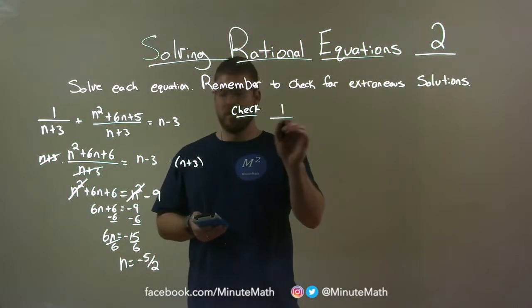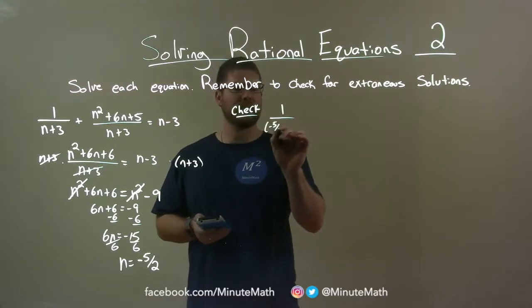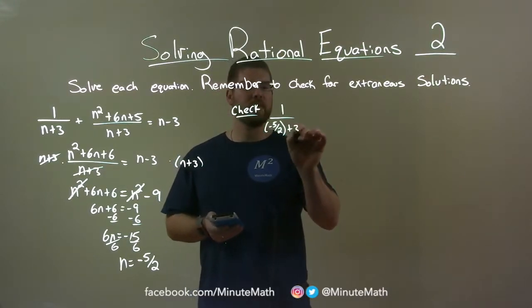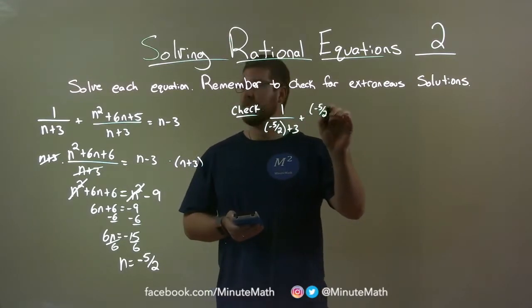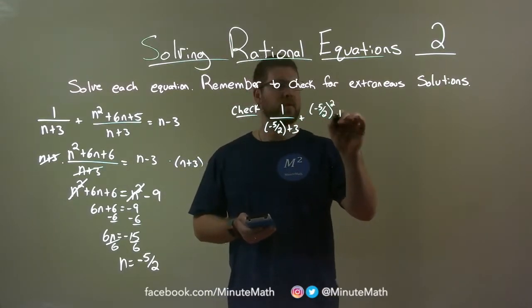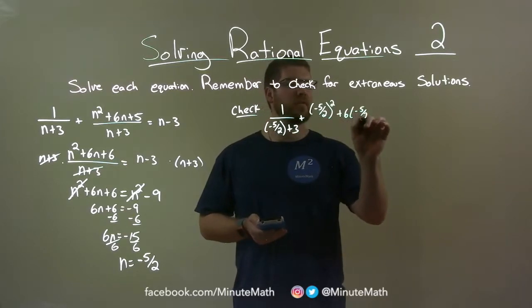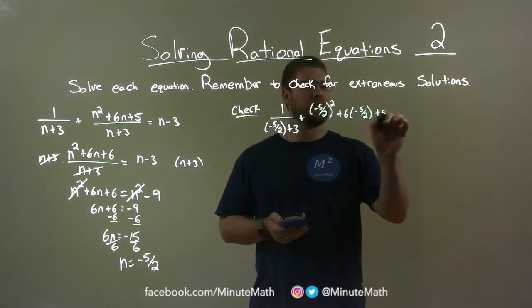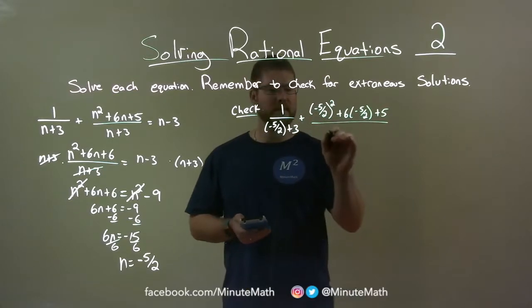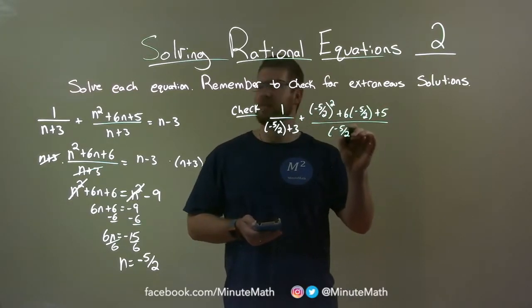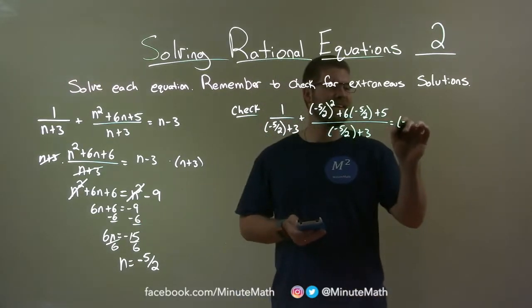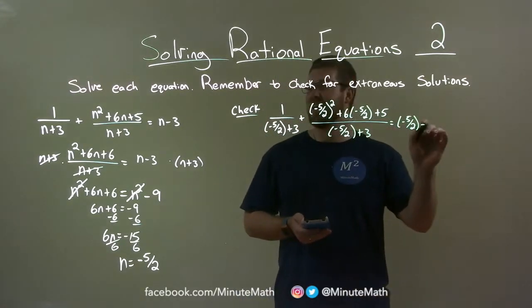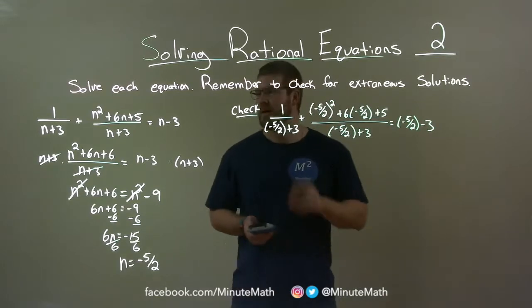So let's do that. 1 over -5/2 plus 3, plus -5/2 squared plus 6 times -5/2 plus 5 over -5/2 plus 3 is equal to -5/2 minus 3. Okay.